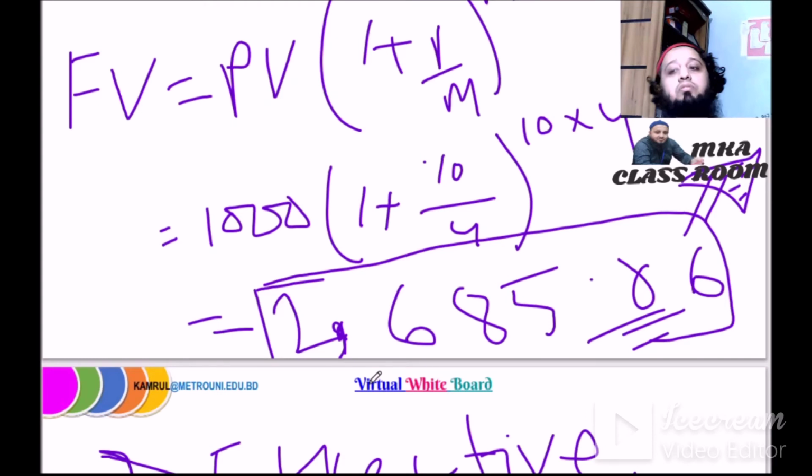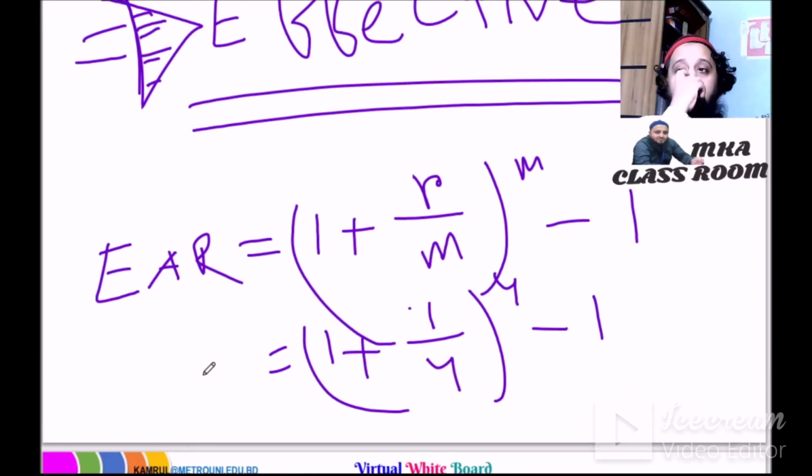We can solve that with the effective annual rate, EAR: 1 plus R divided by M, power M, minus 1.